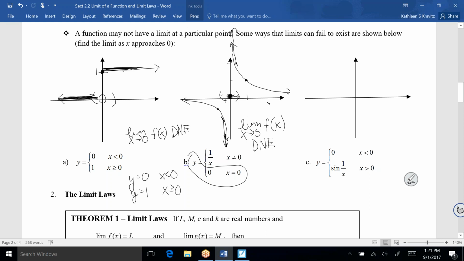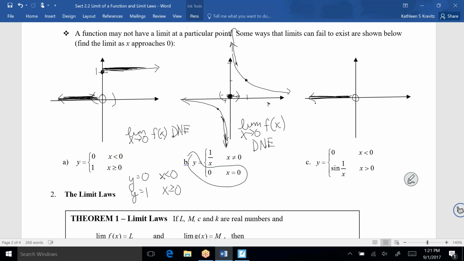And the third example for C here is y is equal to 0 whenever x is less than 0. So we'll put an open circle here and our y values are going to be 0 whenever x values are negative. And then y is going to be equal to the sine of 1 over x when x is a positive number.